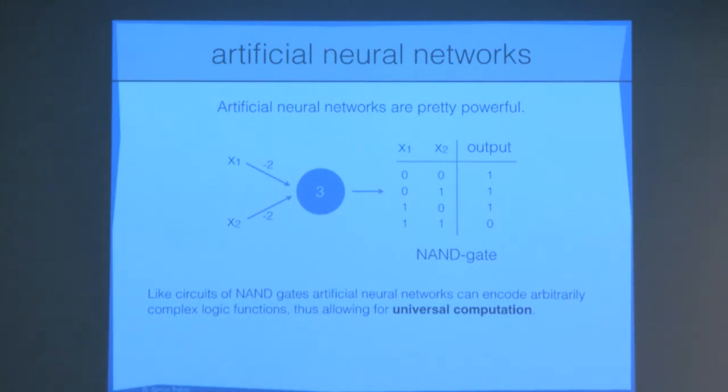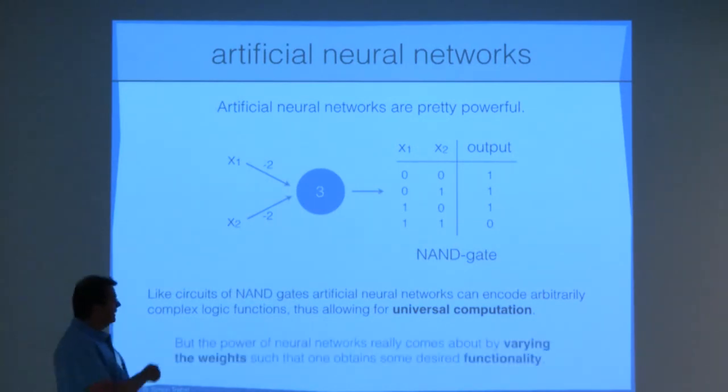Aha! So artificial neurons allow us to build neural networks that are computationally universal. They can calculate arbitrary functions that we want. So that's pretty cool. So neural networks are computationally universal.